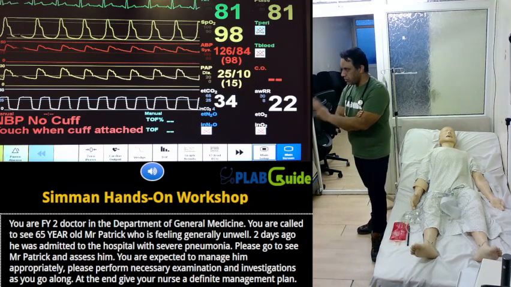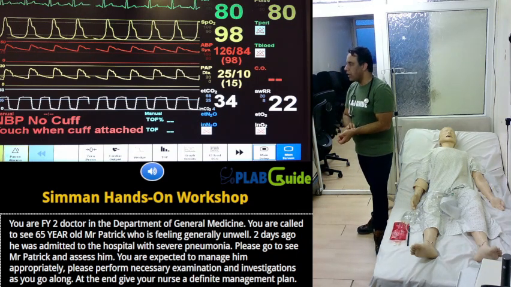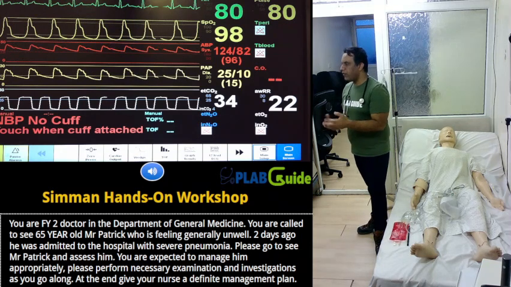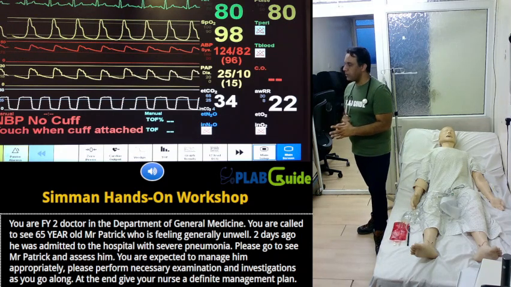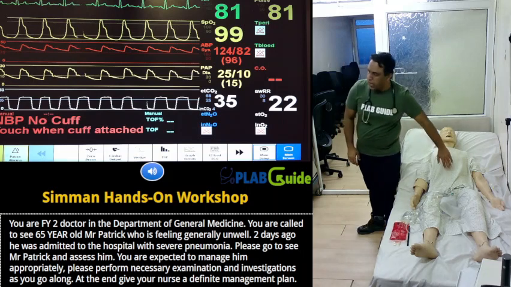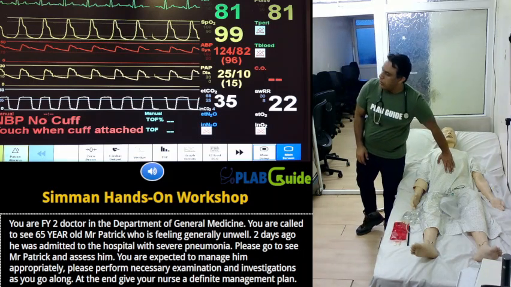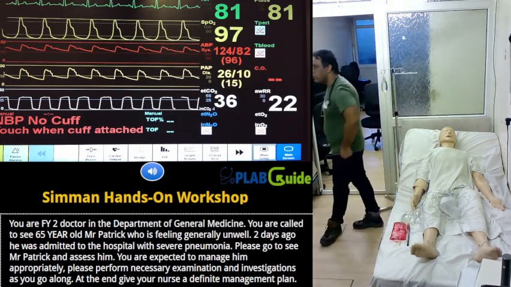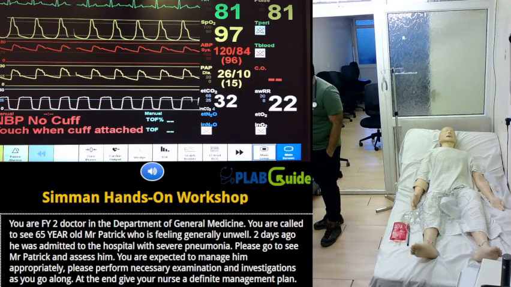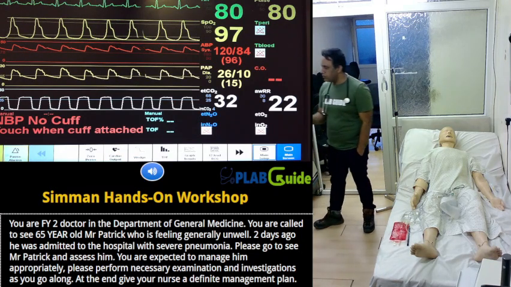If the patient is in shock and you do not find any other explanation, it is important that you feel the abdomen, as a part of C.